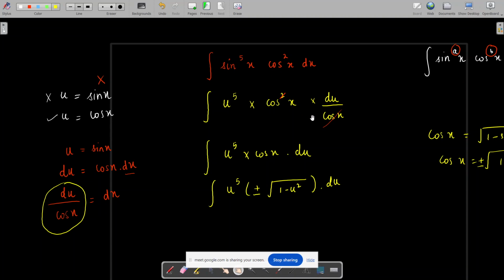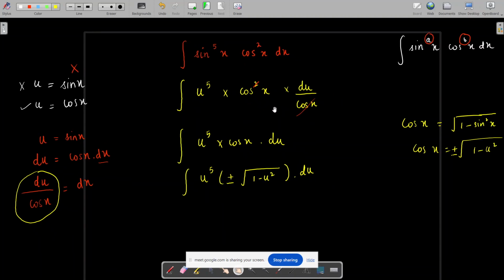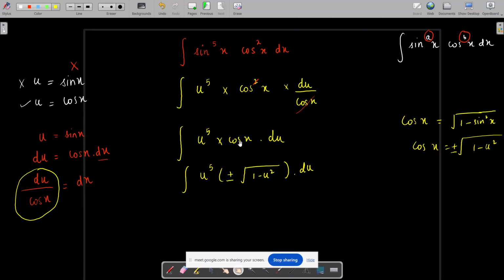It will always happen. Then you will be left with an odd power of cosine of x. I hope you're able to understand this.